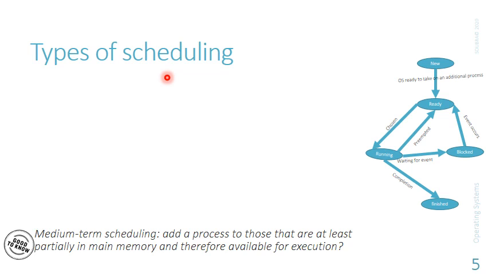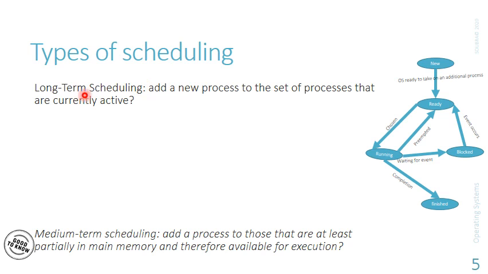So yeah, once you thought about it for a couple of seconds, I'm gonna introduce two types of scheduling. The first one would be long-term scheduling, and the idea here is how to create a process and admit it to the system so it could be ready for execution, and this is what we're gonna call long-term scheduling.